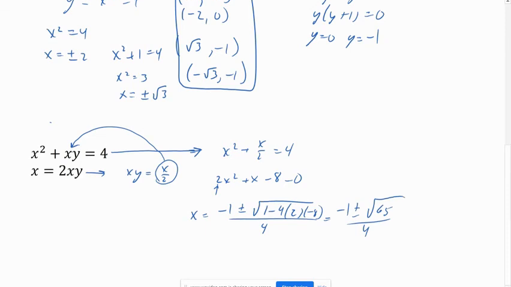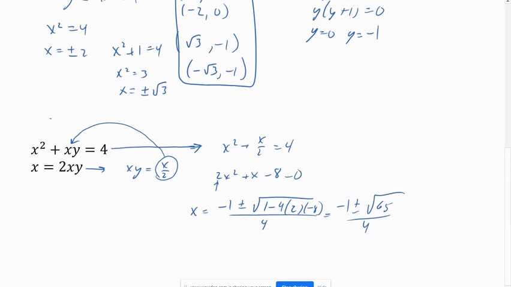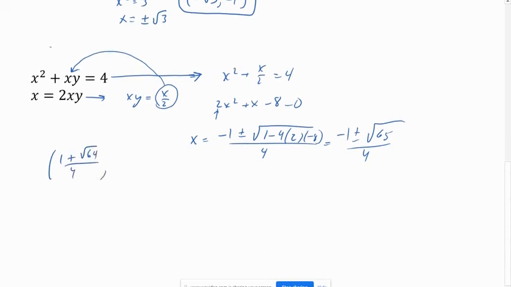And so that gives us two possible x values: negative 1 plus the square root of 65 over 4, and negative 1 minus the square root of 65 over 4.